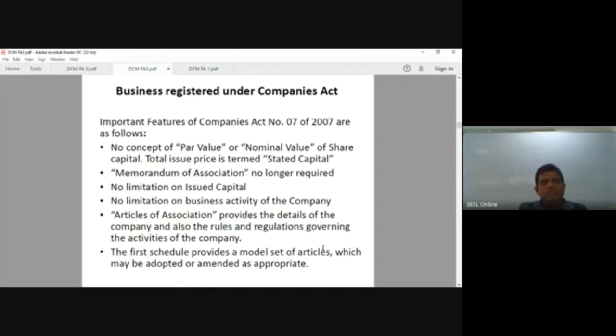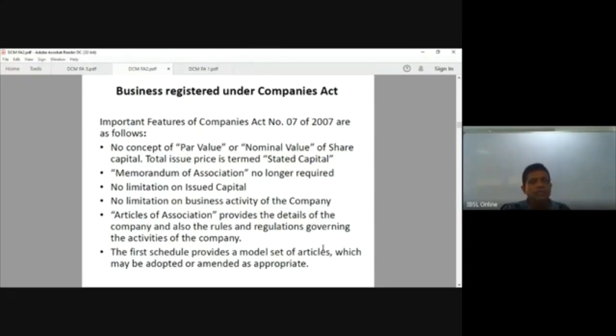Therefore, when it comes to this new Company Act, they say the Memorandum of Association is not required. There was a reason why they took off that document. Under the previous Company Act, companies could do business only in the areas mentioned under the Memorandum of Association as objectives, right?